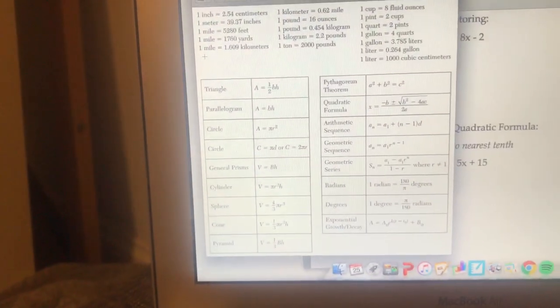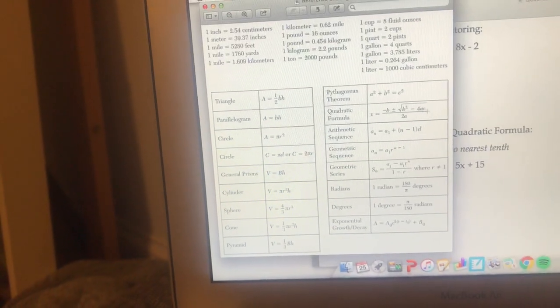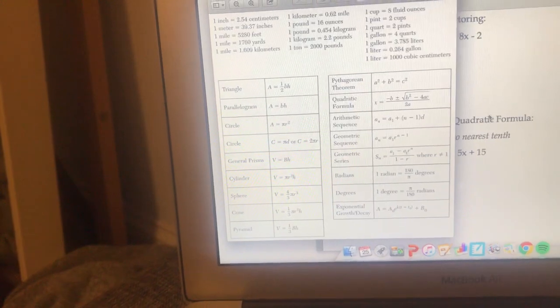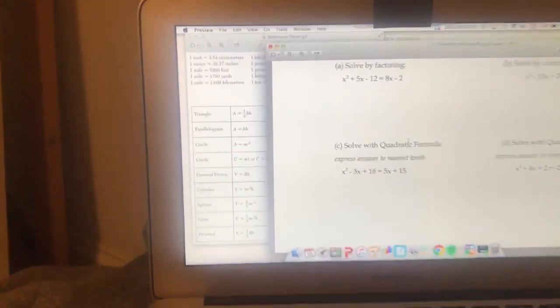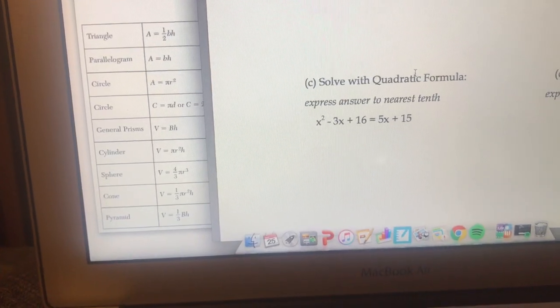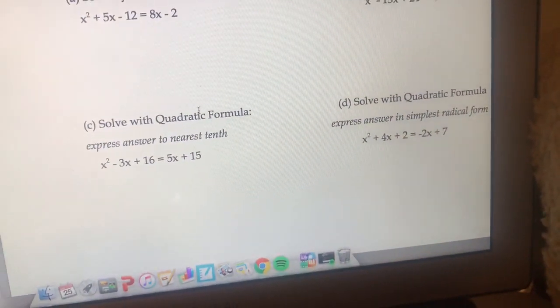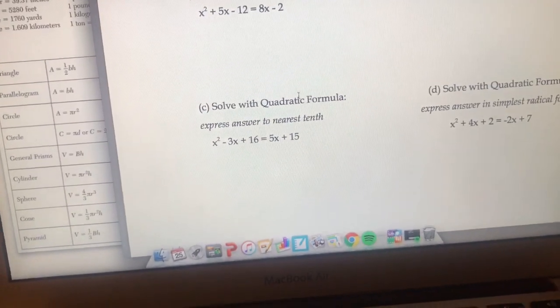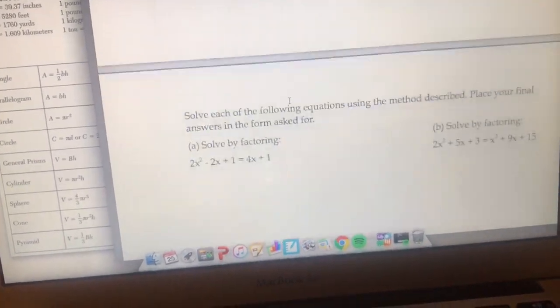Again, you just need to find it, which is in the same spot it always was during class. Alright, so let's start with C here. Notice my directions are saying express your answer to the nearest tenth and express your answer in simplest radical form. I'm going to pick one of these 2 to do.